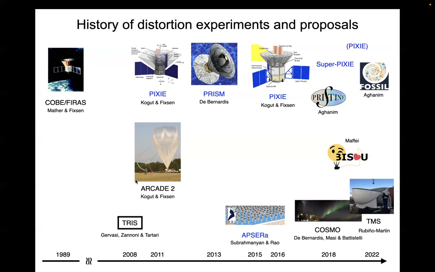However, in total, one could probably state that COBE FIRAS is really still the state of the art in terms of measurements. However, it is possible experimentally, since the Pixie proposal in 2011, to improve the limits of COBE FIRAS in principle by a factor of 1,000, possibly even with more futuristic experiments a factor of 10,000, and that opens the door to actually measure signals.